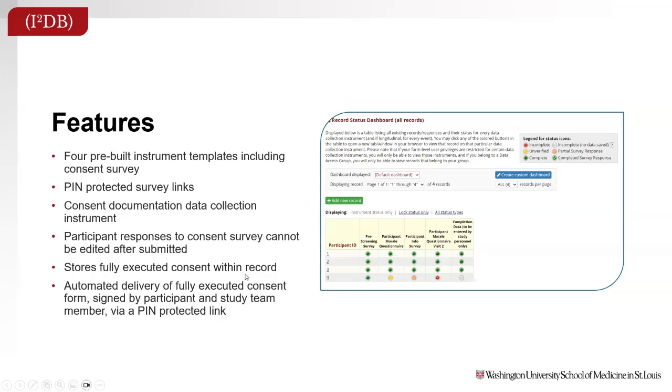It stores the fully executed consent within the record instead of just in the file repository, which is an extra convenience. But here's the big thing. What all this leads up to is that you can deliver the fully executed consent form, signed by both the participant and the study team member, via a PIN protected link.